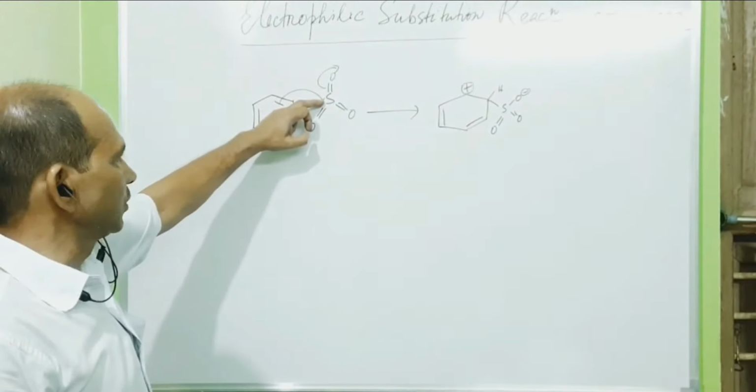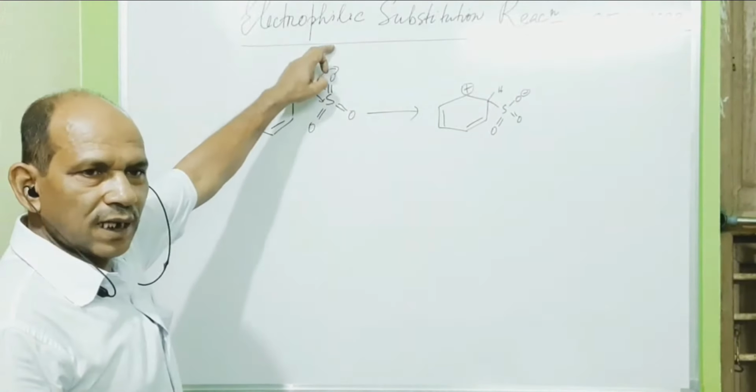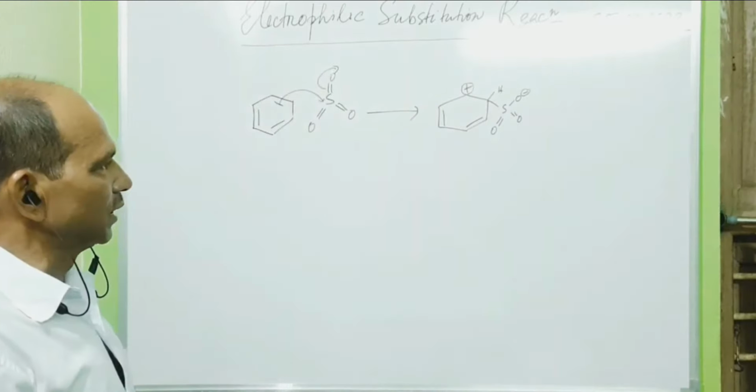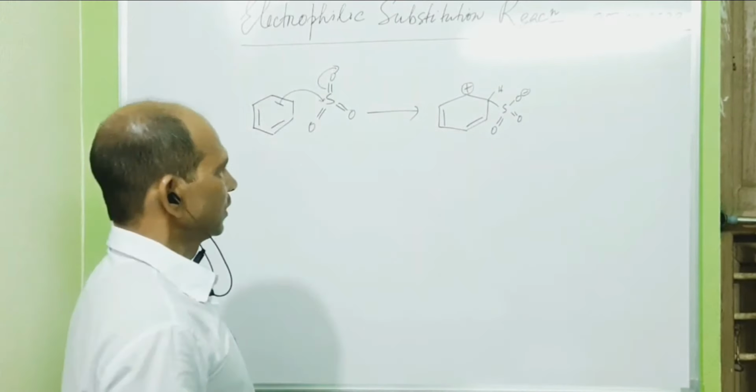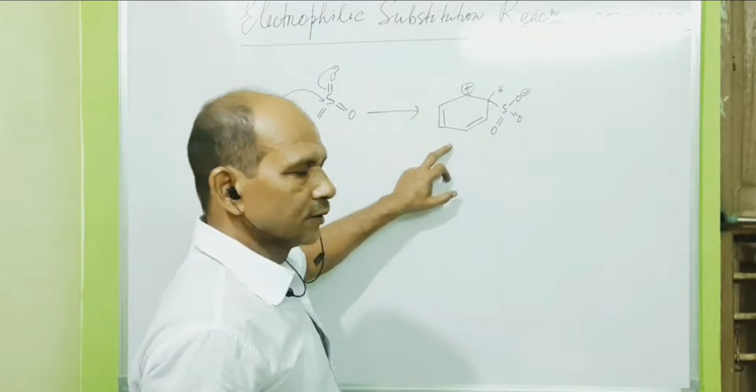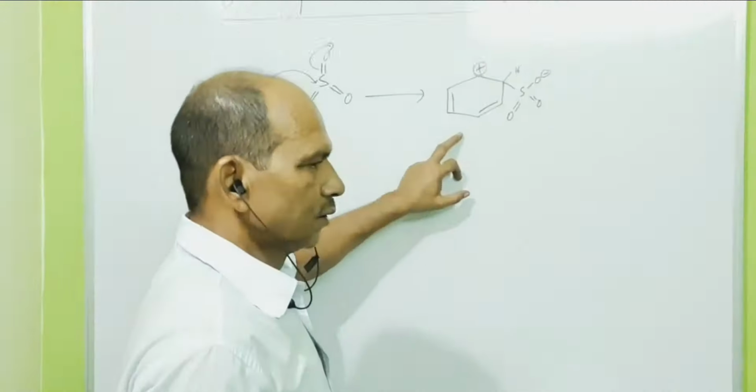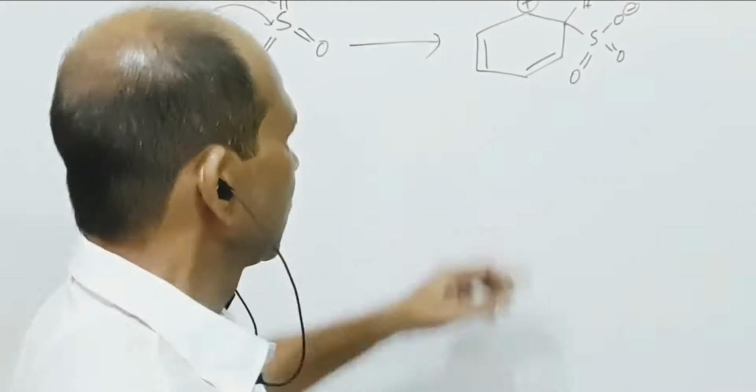One of the 3 pi bonds will be broken towards oxygen, and the oxygen atom will be negatively charged. That leads to the intermediate, which we have called the sigma complex.